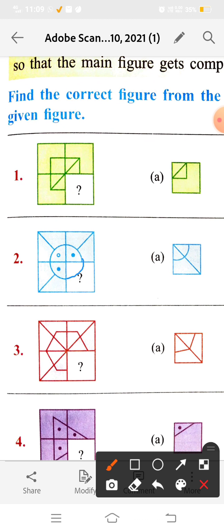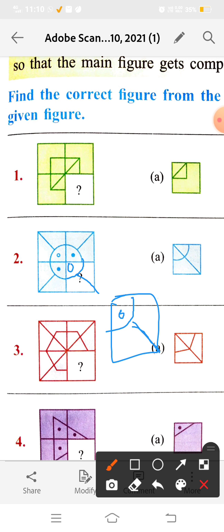Complete this figure and also make like this. So we need this type of figure. It means a square having 1/4 part of a circle and again a small circle inside it, and this type of line.